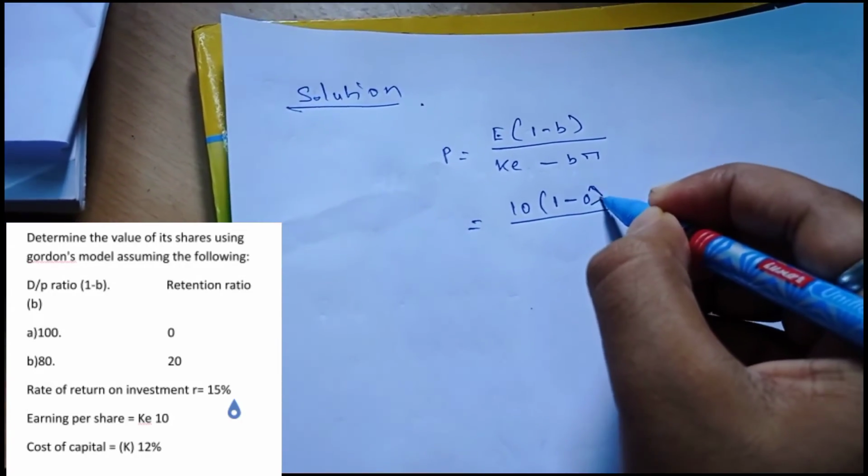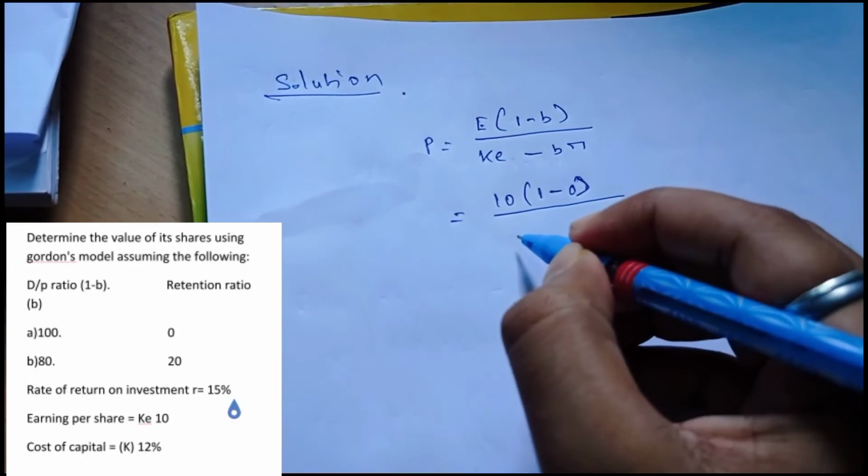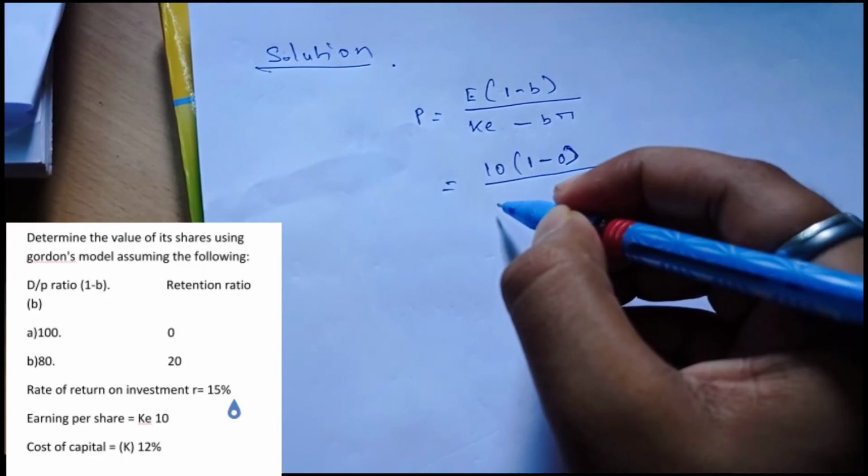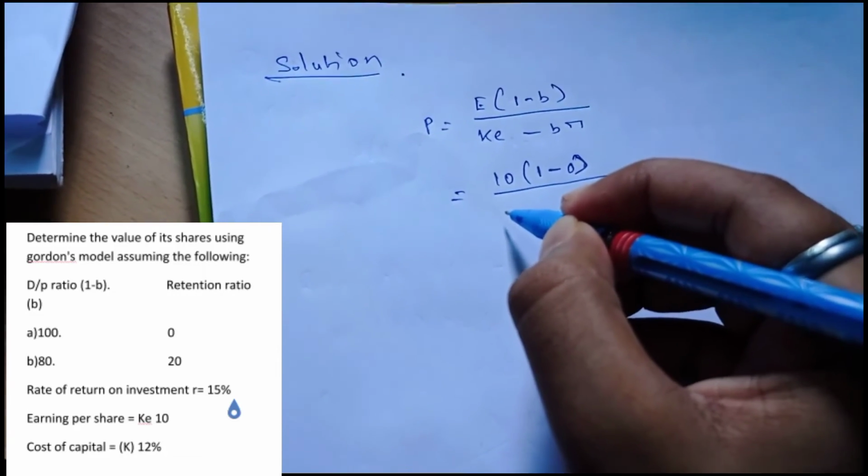In questions it was given. Then we have to write KE means cost of capital, which is 12%.